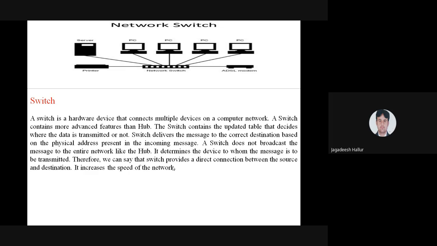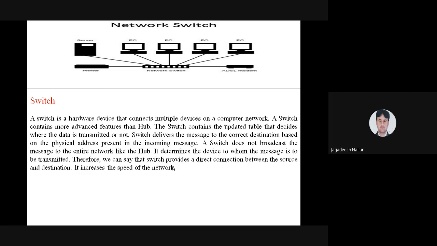A switch is a hardware device that connects multiple devices on a computer network. A switch contains more advanced features than a hub. It contains the updated table that decides where the data is transmitted or not.